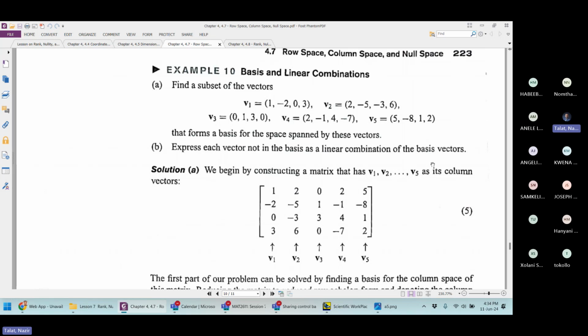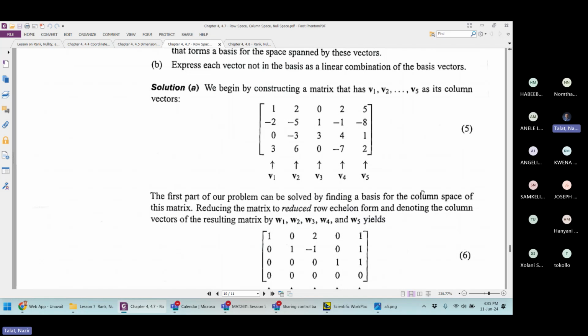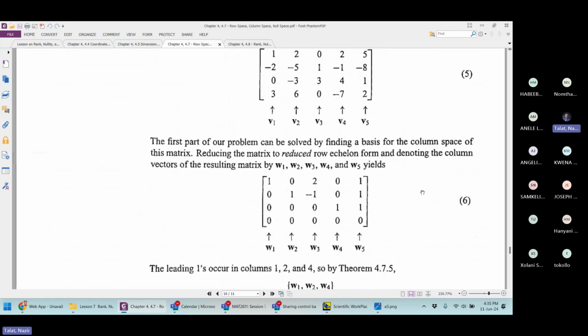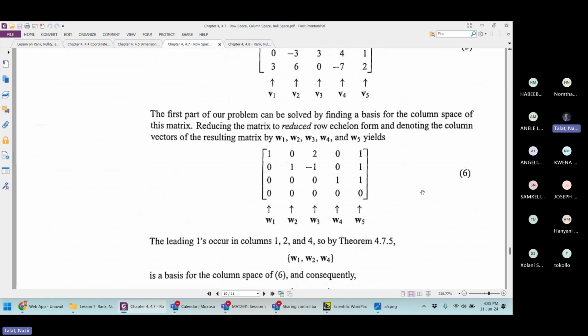Basis and linear combination. Suppose we have V1, V2, V3, V4, V5. Find the subset of these vectors that forms a basis for the space spanned by them. Again, we write them in either row form or column form and apply the elementary row operation to check which are independent. If they are independent, they must have leading ones.